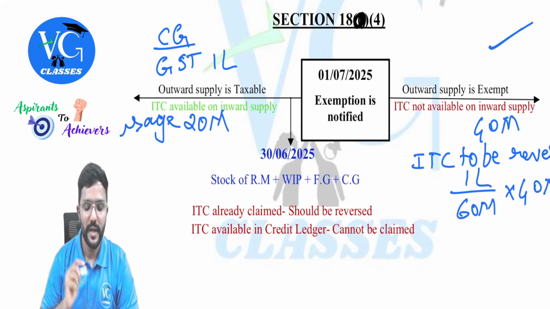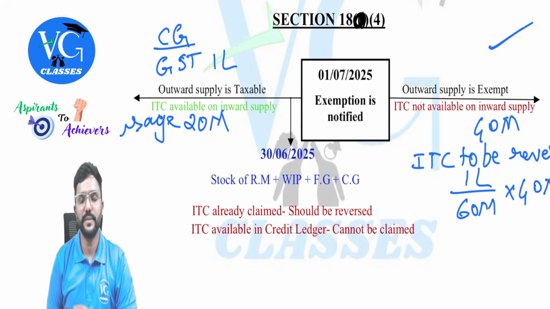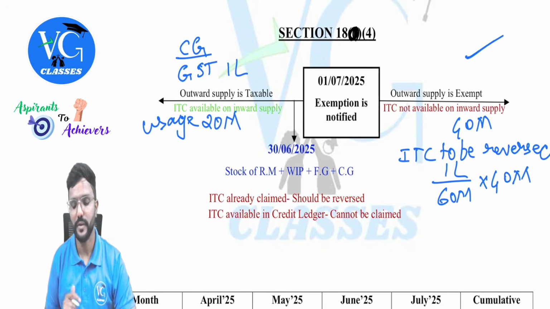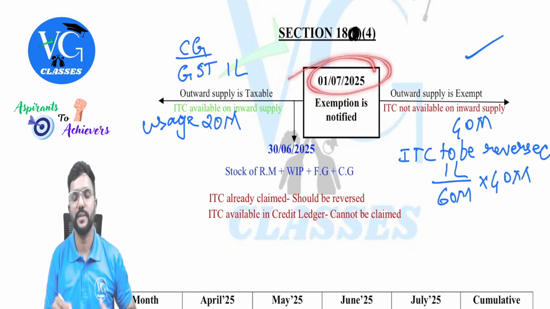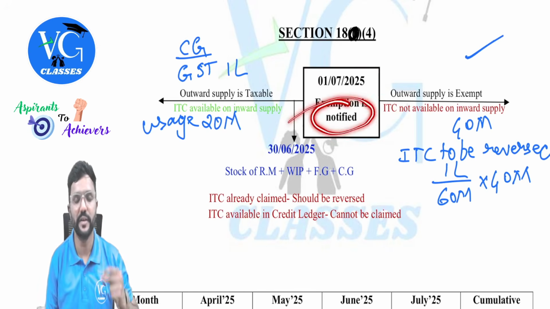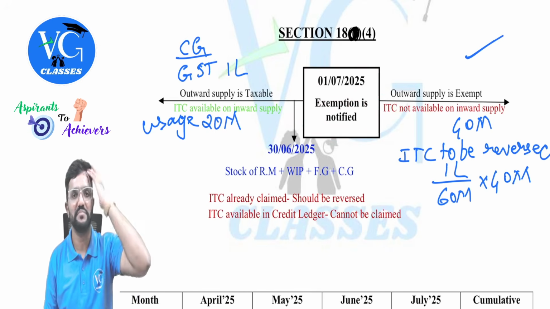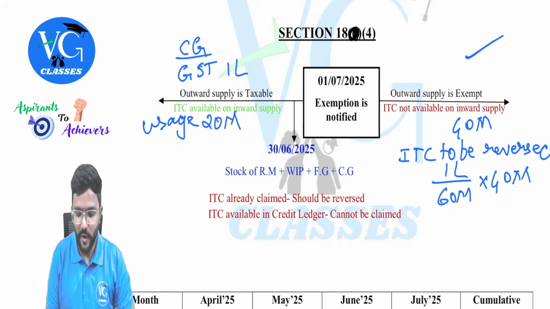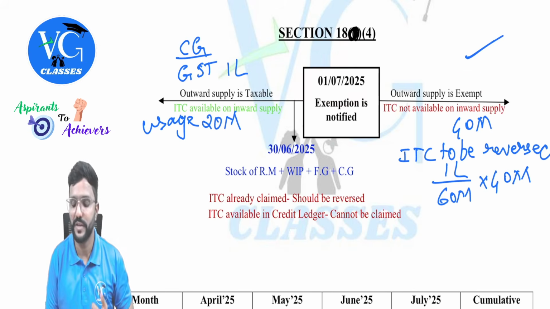Assume my outward supply was taxable, so I was supposed to pay output tax. On my inward supply, can I claim credit? Yes, I can claim credit, no problem. Now, on 1st July, assume the government released a new notification telling that whatever I am supplying is exempt. Great, God help me. So on or after 1st July 2025, my outward supply is exempt.